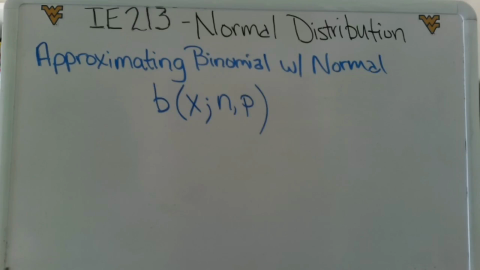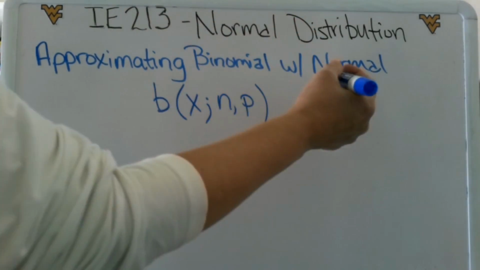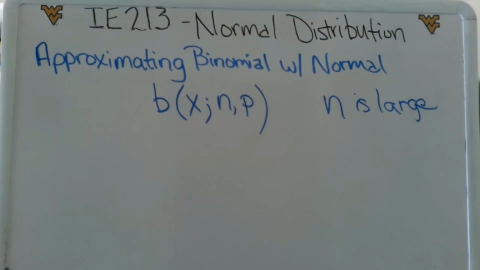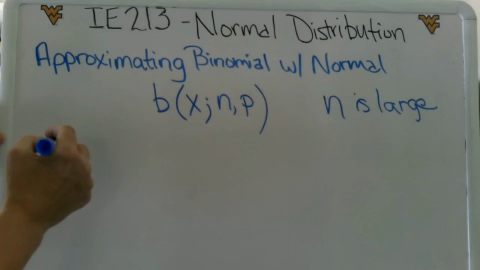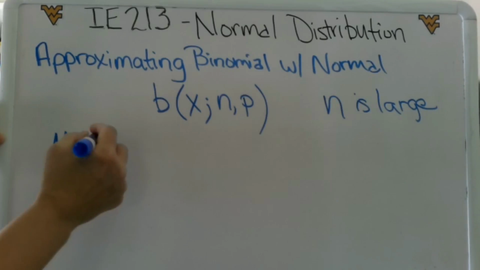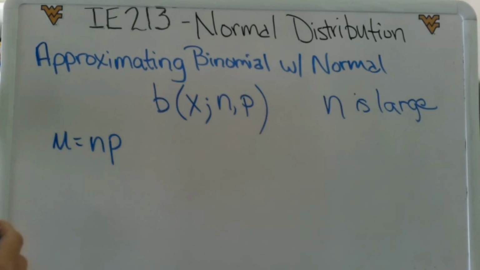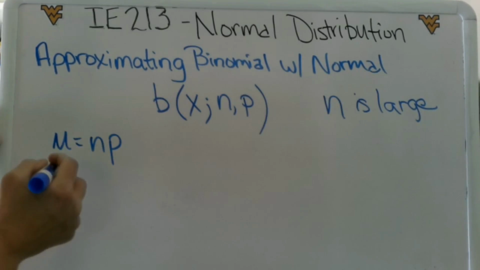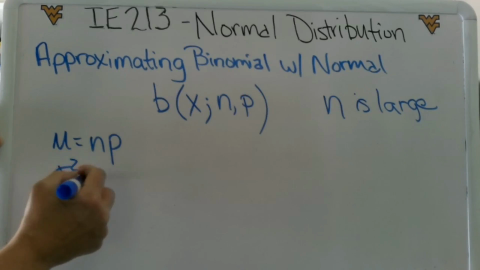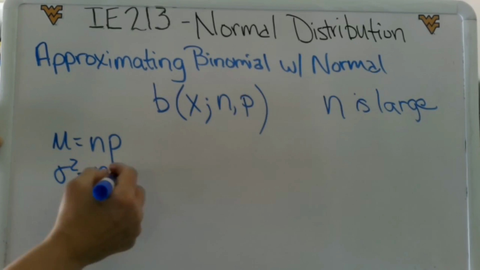We now state a theorem that allows us to use the areas under the normal curve to approximate the binomial probabilities when n is large. So if x is a binomial random variable, and we remember that the mean is equal to n times p, and the variance was equal to n times p times q.